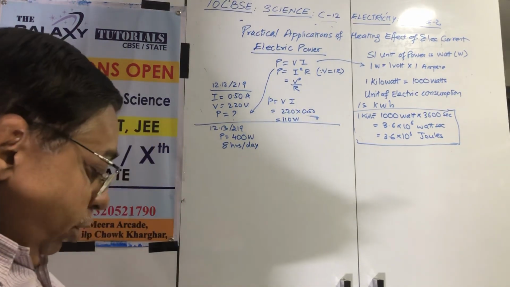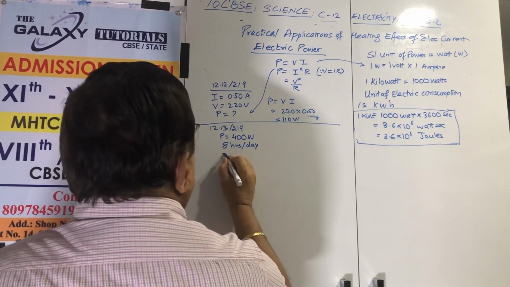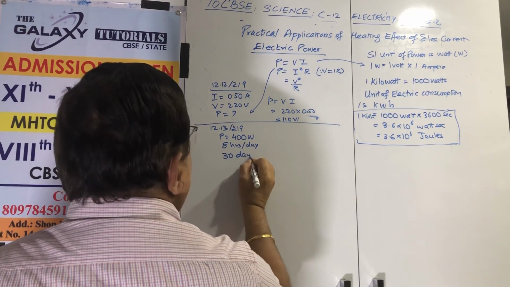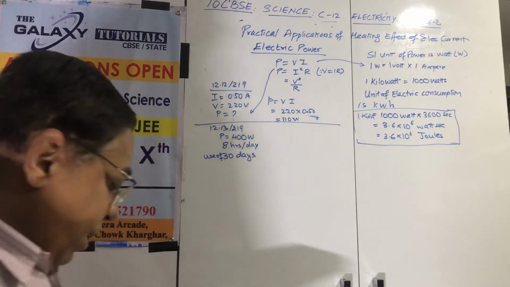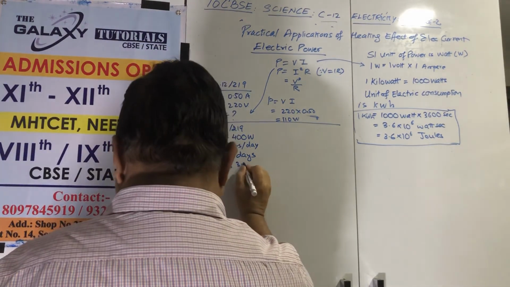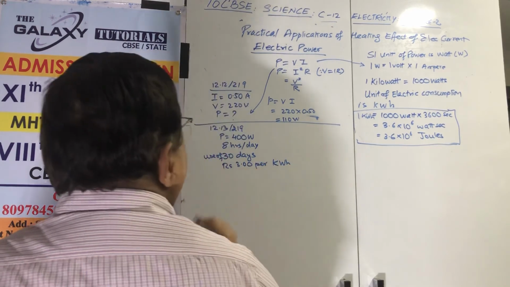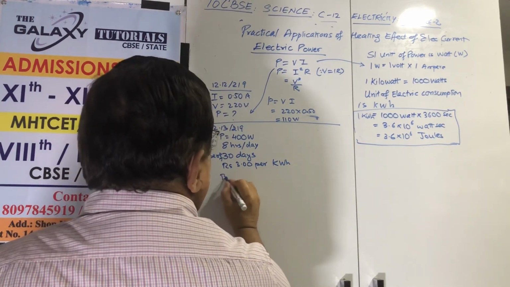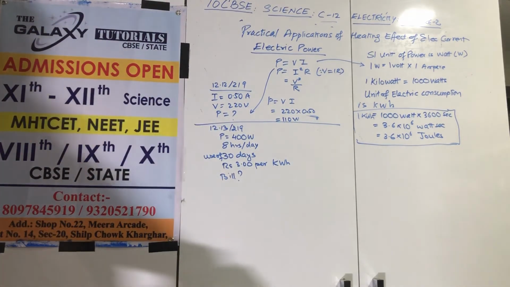What is the cost of the energy to operate it for 30 days? We are going to use 30 days. And I pay rupees 3 per kilowatt hour. So what will be my bill? How much rupees I have to pay? This is how it comes to your home.